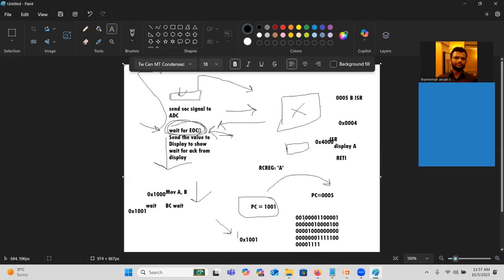Because if I mistakenly lose one zero or one, that may give a wrong instruction to the computer or microcontroller. That's why, to program in a meaningful way, initially they identified something called mnemonics.